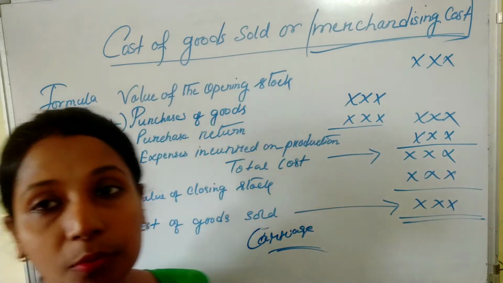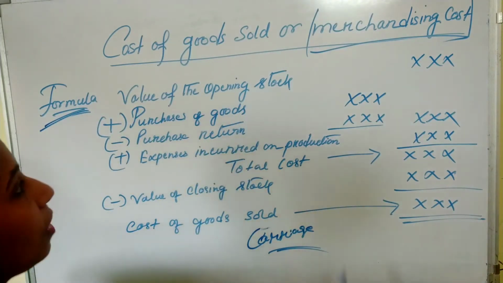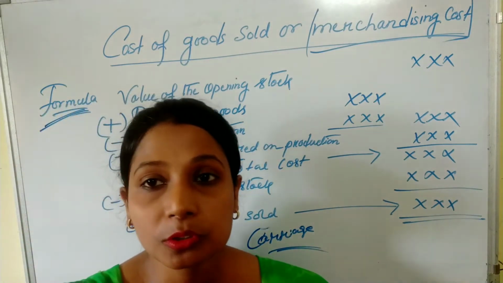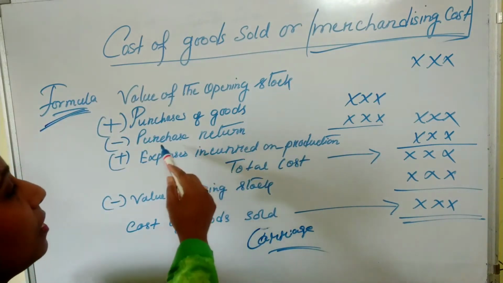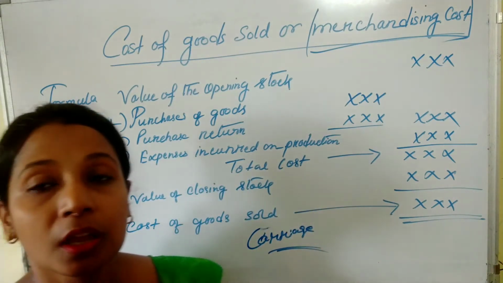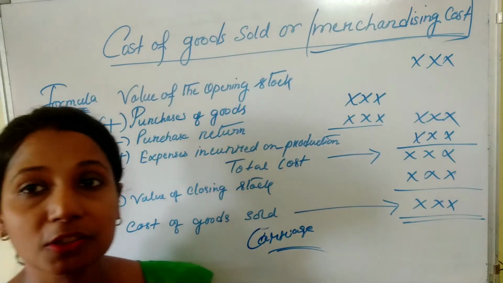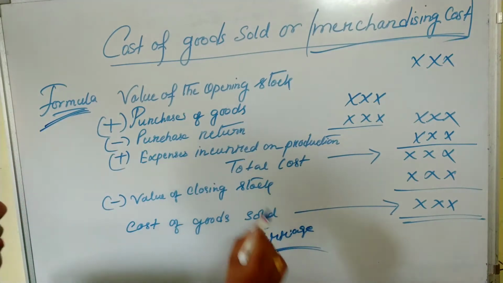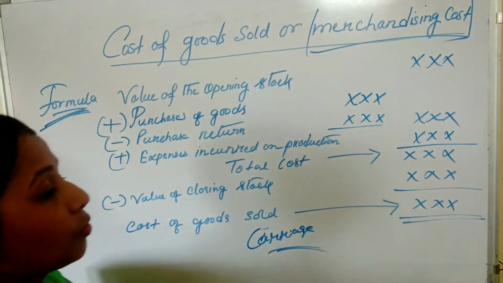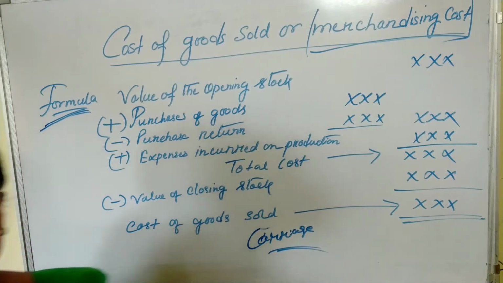So this is the formula: first the value of opening stock, add purchases of goods, deduct purchase return, add expenses incurred in production such as carriage and octroi charges, then deduct the value of closing stock, and the amount received is the cost of goods sold.